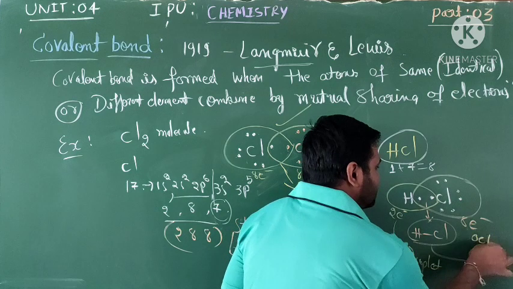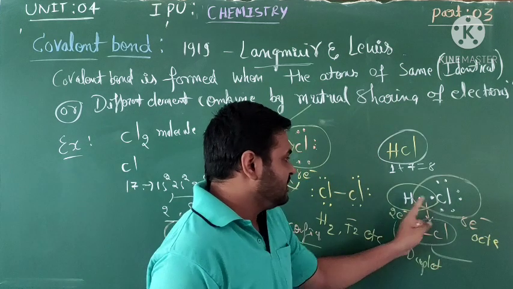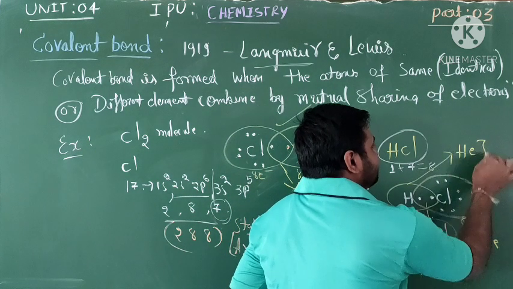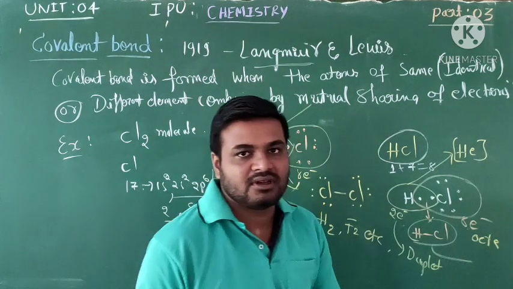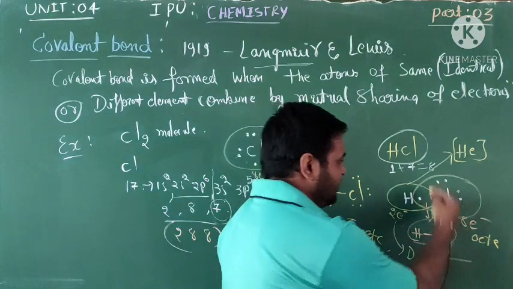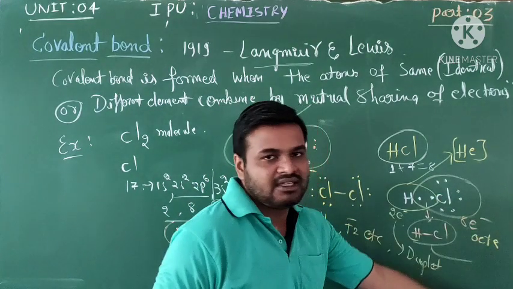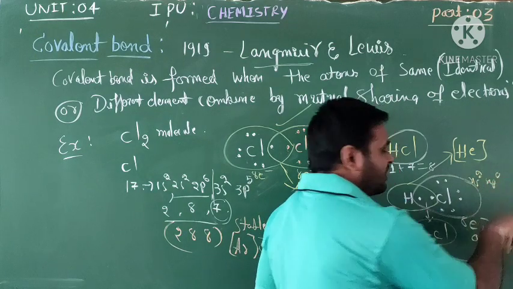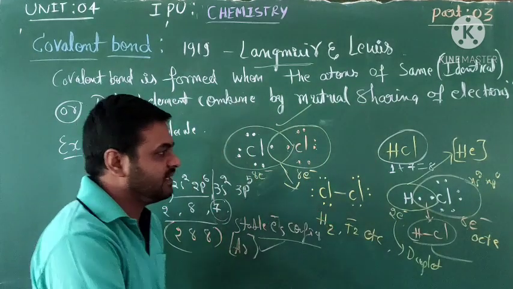This is an octet. Okay, this gives the helium stable electron configuration. The remaining elements give ns2 np6, like argon, helium, neon, krypton. Okay.